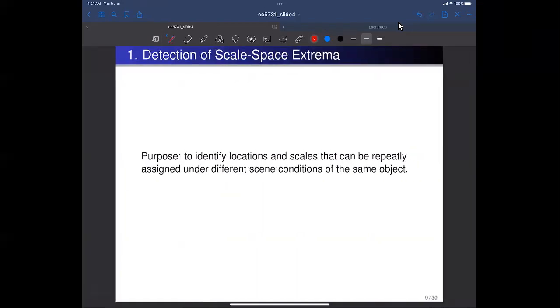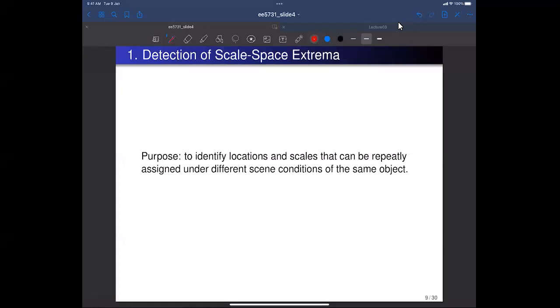The goal of this first step is to identify the correct location of the key points and the scale of the object that can be repeatedly assigned, meaning it has to be consistent for different images.